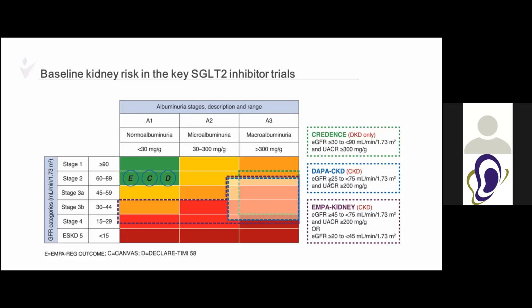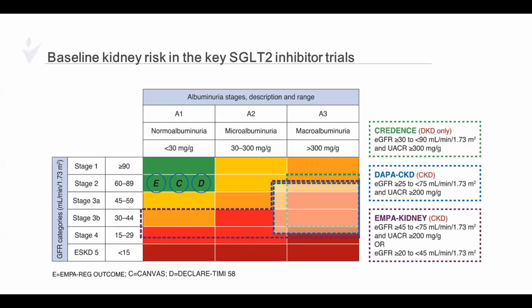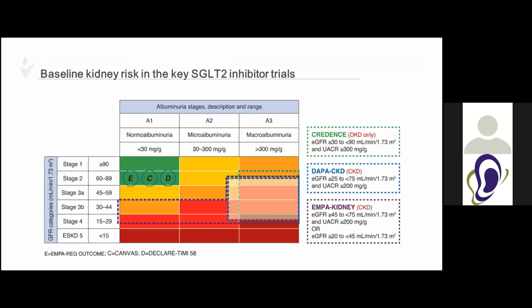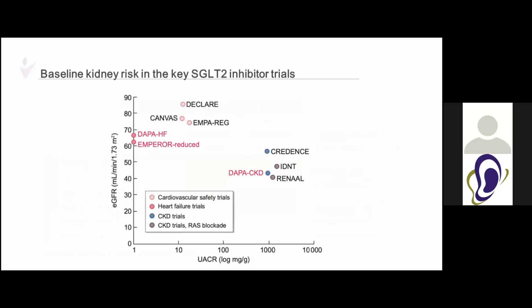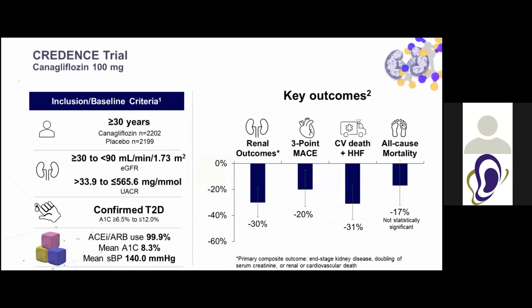The DAPA had lower GFR and slightly lower urine ACR, and EMPA is not yet finished, but has even lower GFR and only a urine ACR requirement for those with higher levels of GFR. So soon we'll be able to have the entire spectrum of different effects in these different populations.